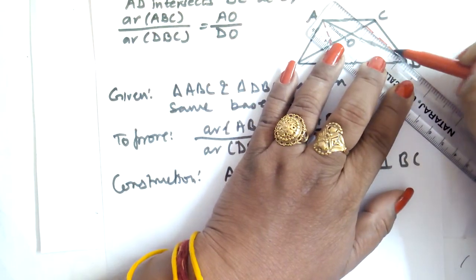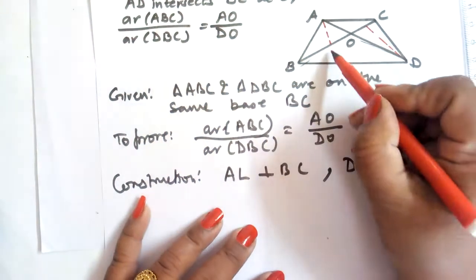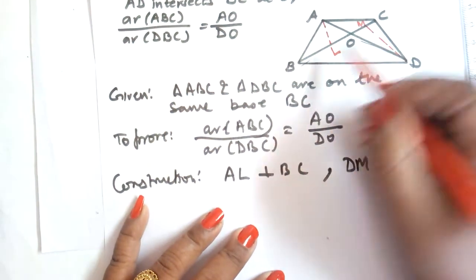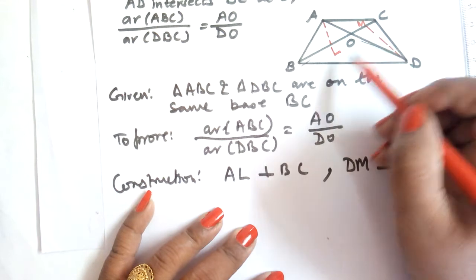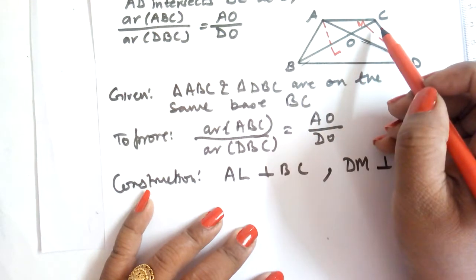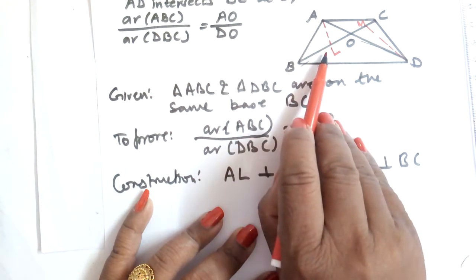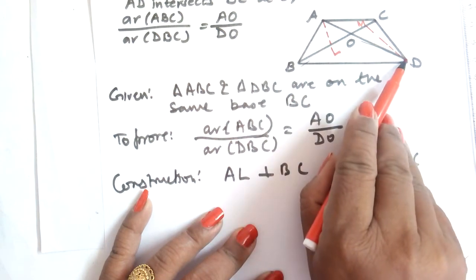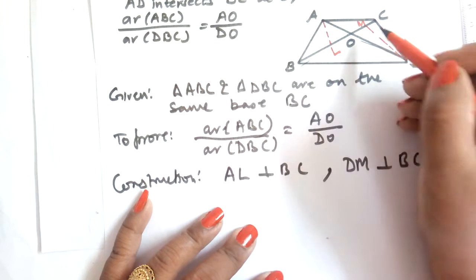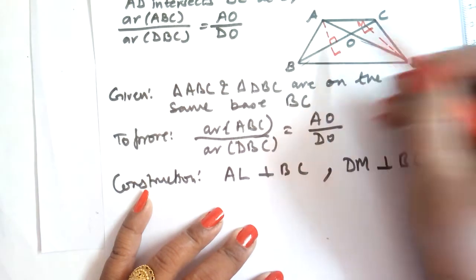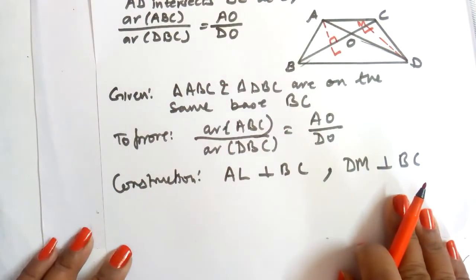So now we have drawn AL and DM. Both triangles are on the same base BC, so these two, AL and DM, are the perpendiculars that we have drawn.